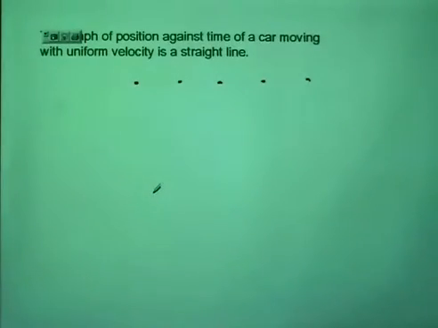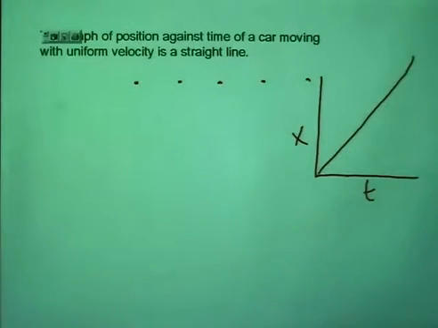So, if you draw a graph of distance against time, we did that in the last class, that will be a straight line. Because for each increase in time, when time equal to 1, the distance is 2 meters. When the time is 2 seconds, the distance will be 4 meters, and so on.